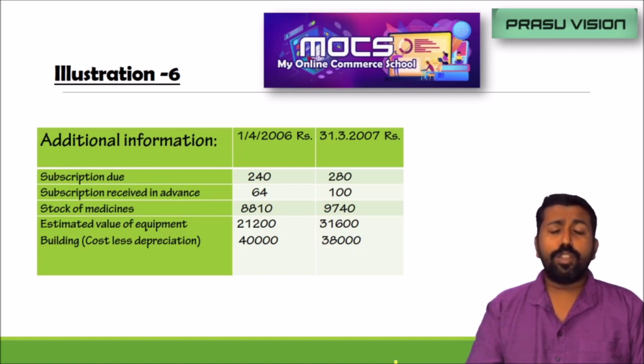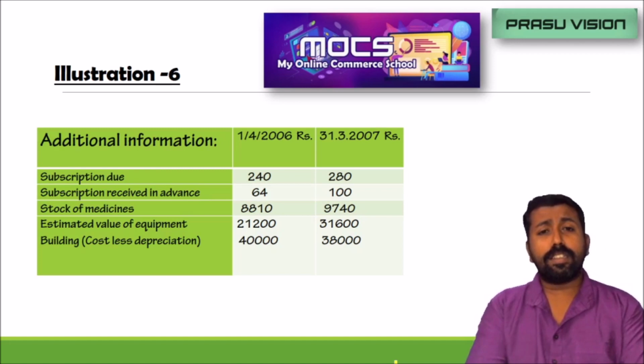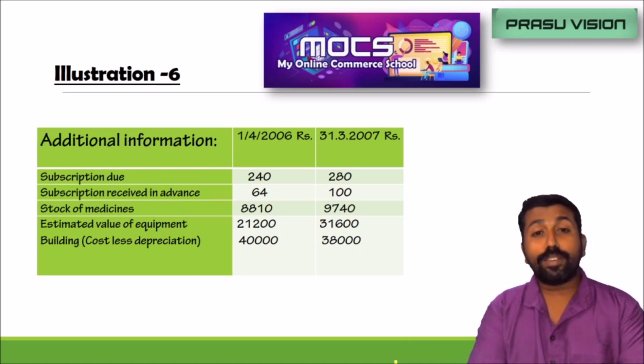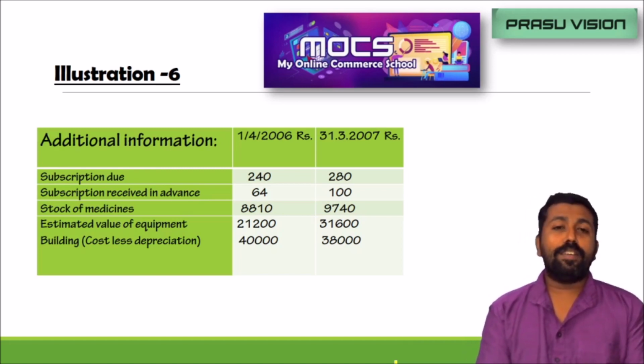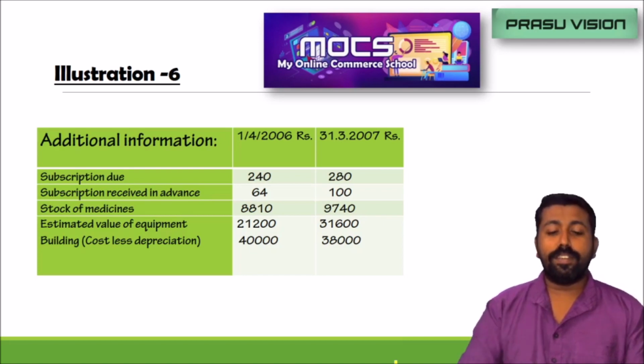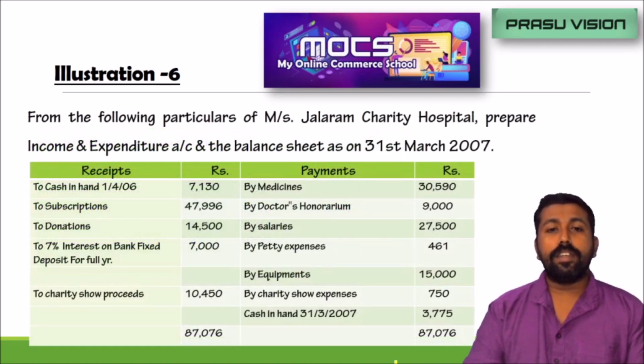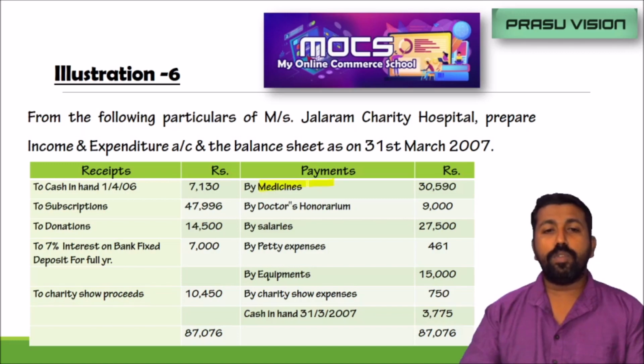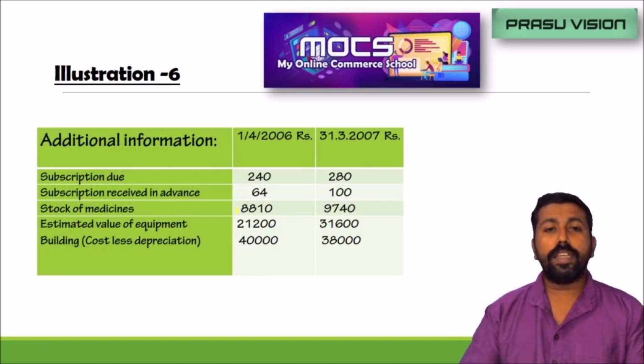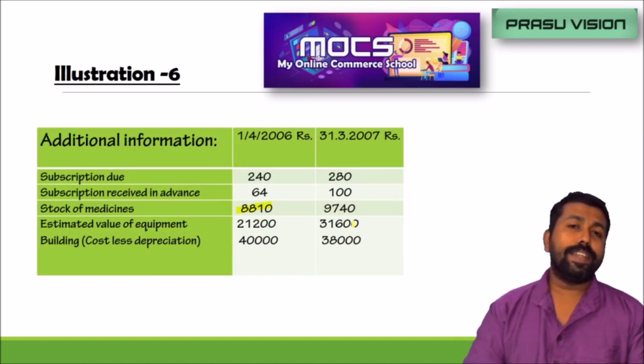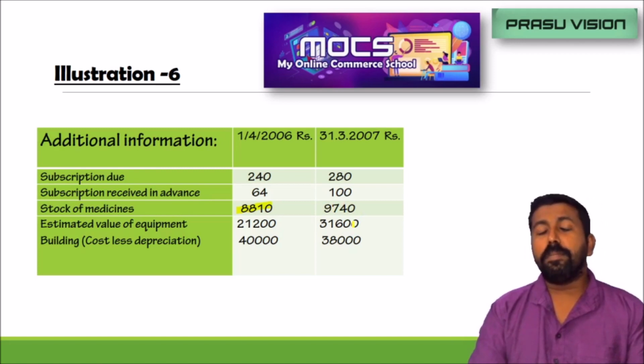Stock of medicine is given to find out the consumption of stock. The opening value is there; we add the purchase of medicine to the opening amount, and we deduct the closing amount. Then we get the value of medicine consumed during the year.